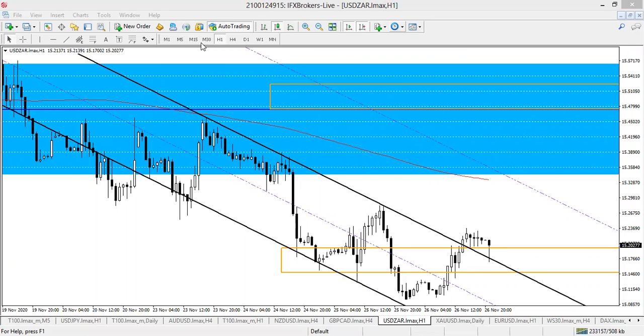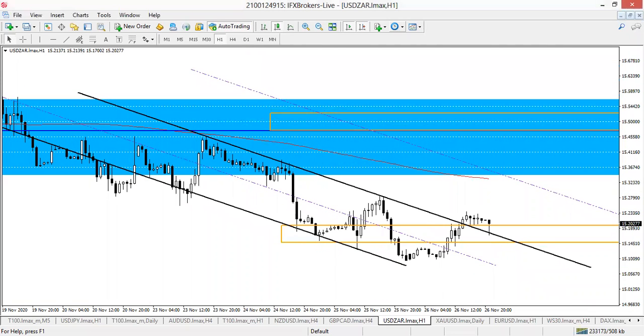But you guys in the group and you guys who have taken up my courses, some of you I'm even done with, and you're already milking the system, you know and understand that as much as the market is showing us that we're going up, should the market at any given time close a candle below, we will then start looking for sales, because you know how I pride myself on all my levels on my charts, all mathematically calculated.